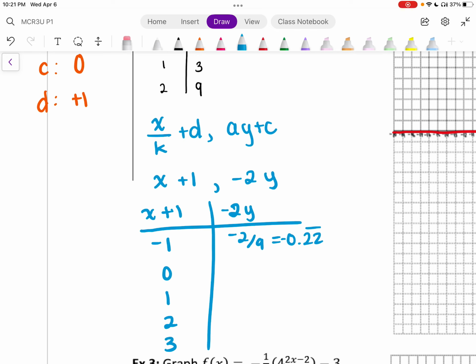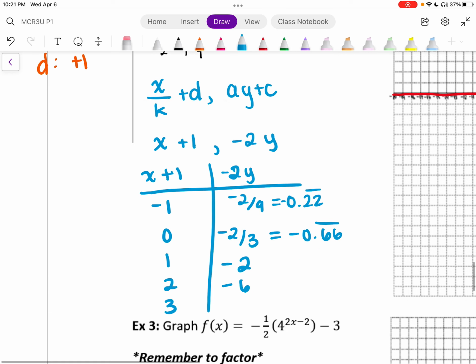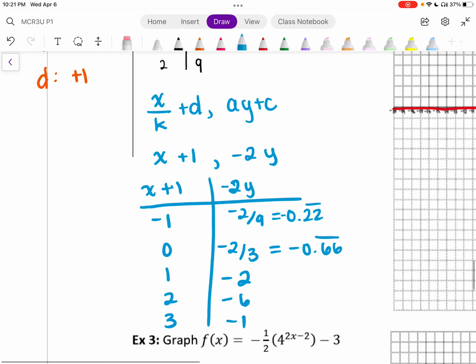Then I have -2 over 3, which is the same thing as saying -0.66, right? Then I have -2 times 1, -2, and then I have -2 times 3, which is going to give me -6. And then the last one is -2 times 9, which is going to give me -18.